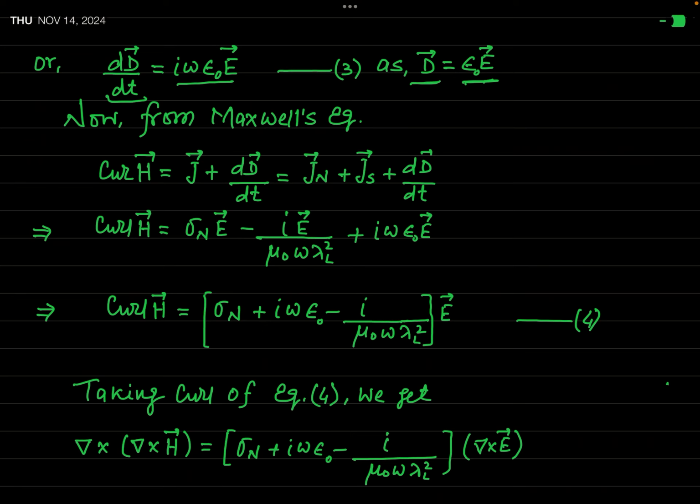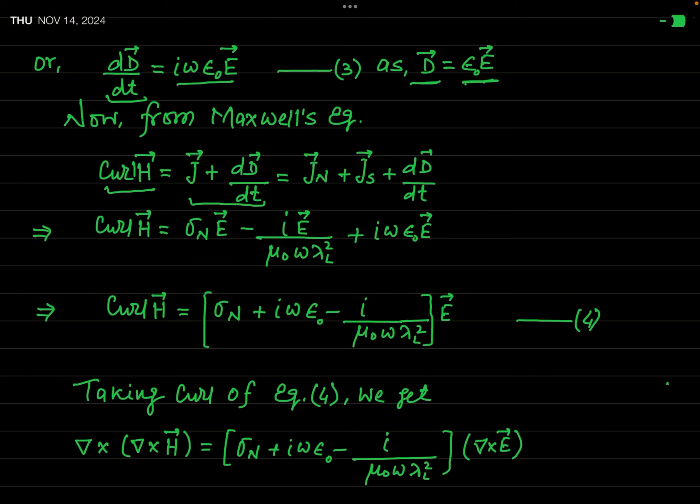Now, after getting these results, we can apply Maxwell's fourth equation, and we will use all these results in that equation. You know, Maxwell's fourth equation is curl of H is equal to J plus dD/dt.